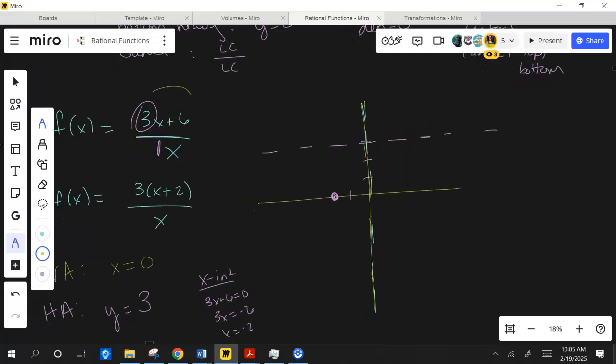On your calculator, you're going to put this function, and then you're going to go into your table. No y-intercept. If you do f of 0, you get 3 times 0 plus 6 divided by 0, and you can't divide by 0.